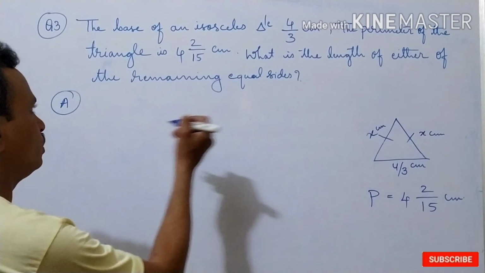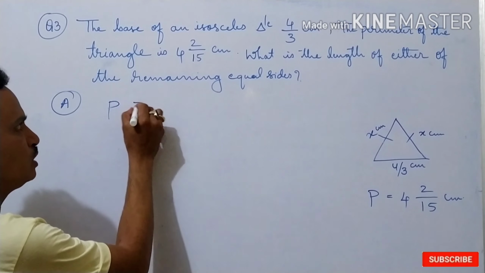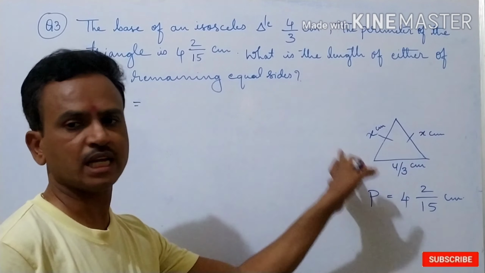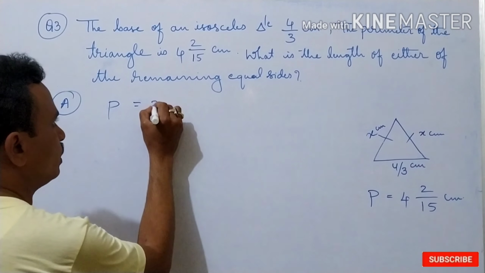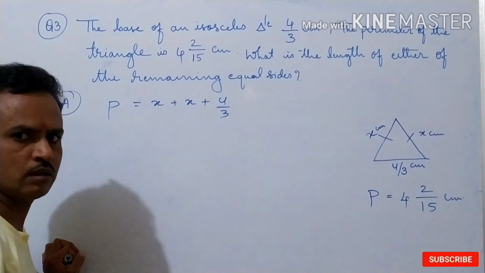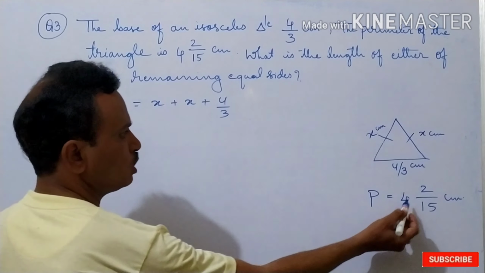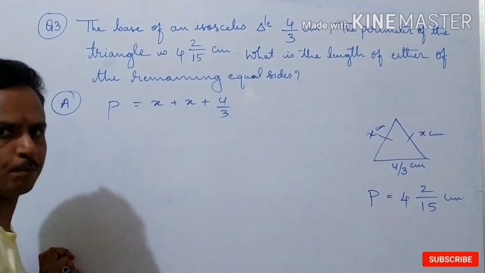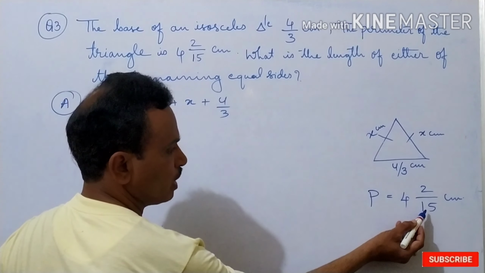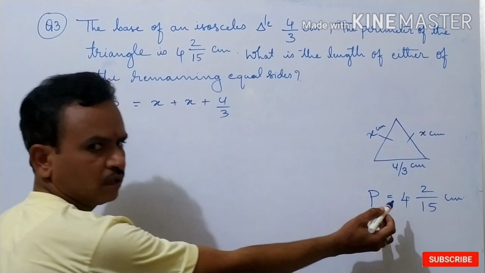Understood? Now here perimeter. Perimeter means we should add all the three sides of a triangle. So x plus x plus 4 by 3. Then perimeter is given 4 integer 2 divided by 15. Now directly you multiply 15 4s are 60.